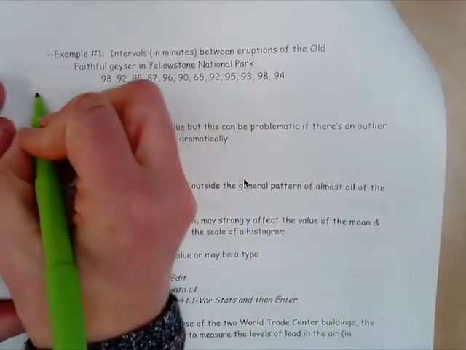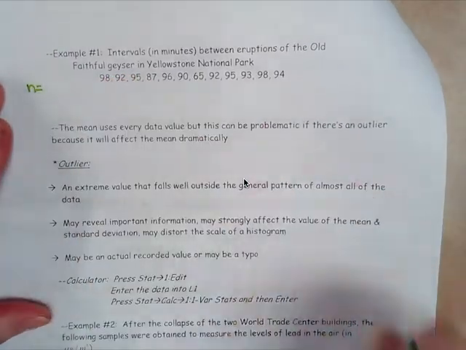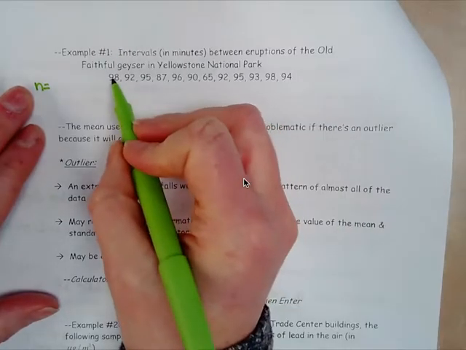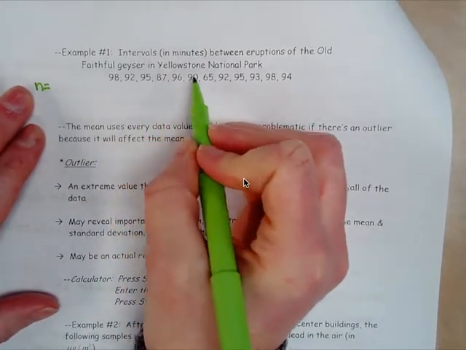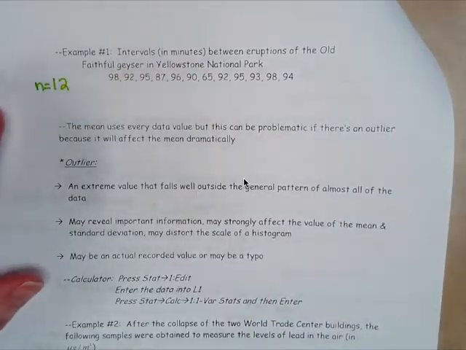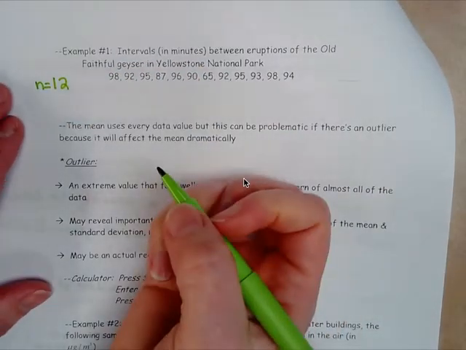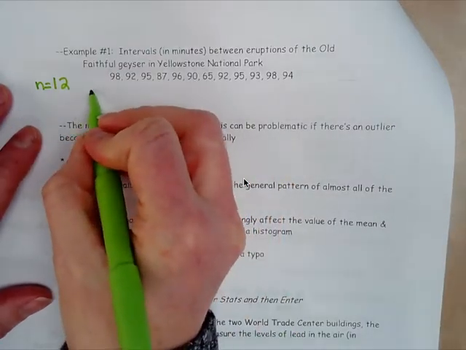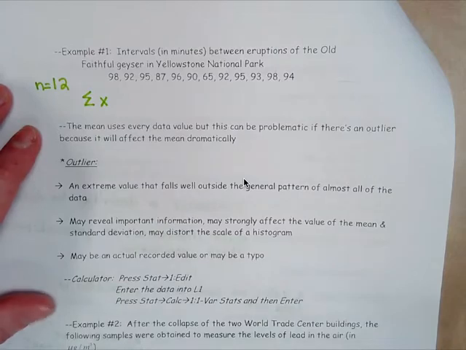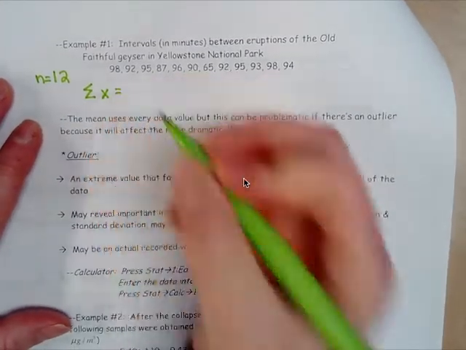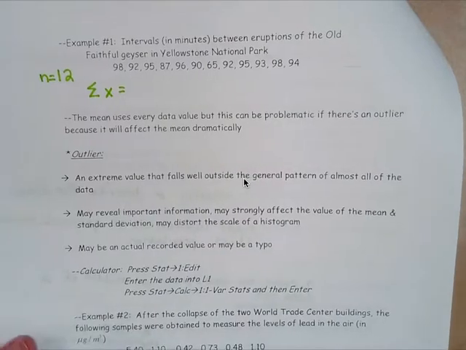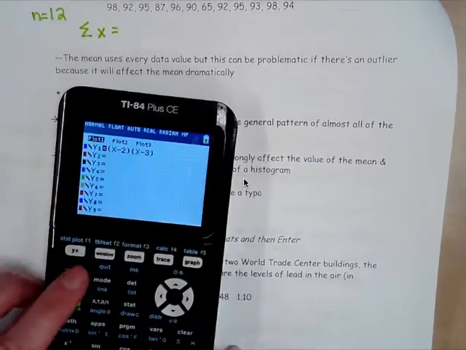So let's write how many there are. n is the number inside the sample. And then we're going to do the summation of x. Remember, x is your individual data values. So we're going to sum those.